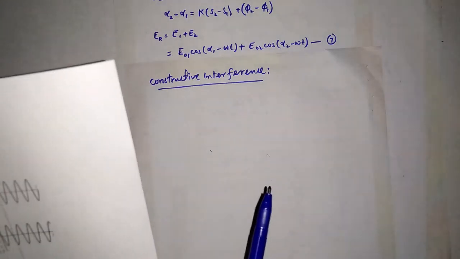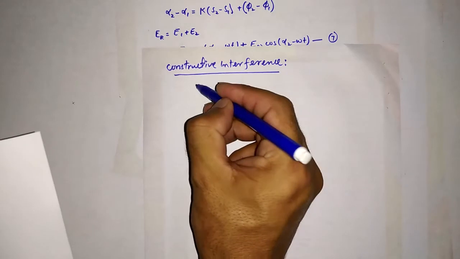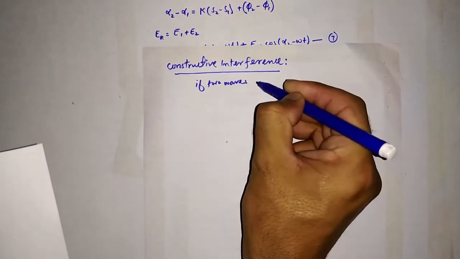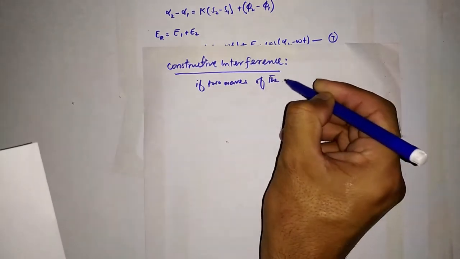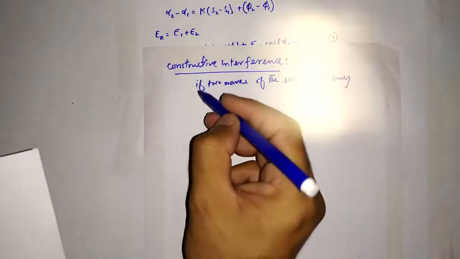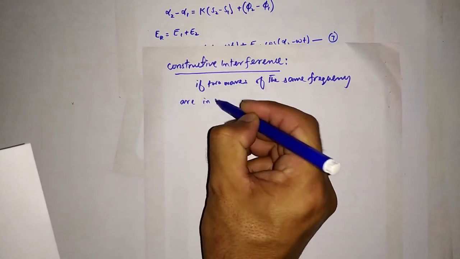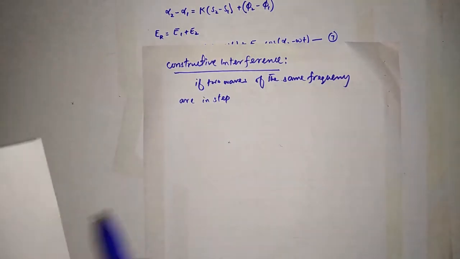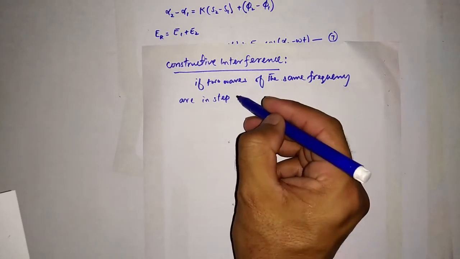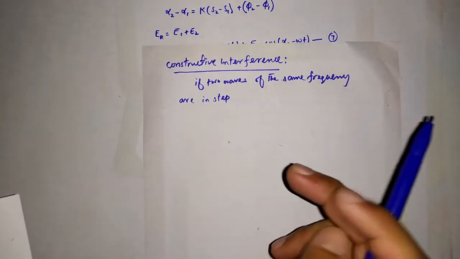So if two waves of the same frequency are in step, that means that their peak points occur at the same time.